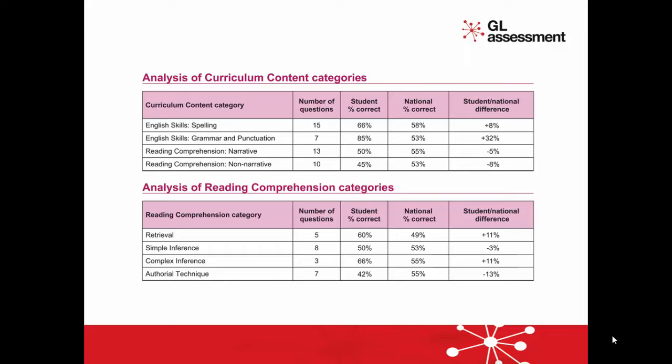And then similarly, reading comprehension, but now split into the narrative and non-narrative aspects of that. And even further down, within the reading comprehension, we're able to split it into the types of questions that make up those sections, in terms of retrieval, inference and authorial technique, again referenced to the individual student against the national sample.